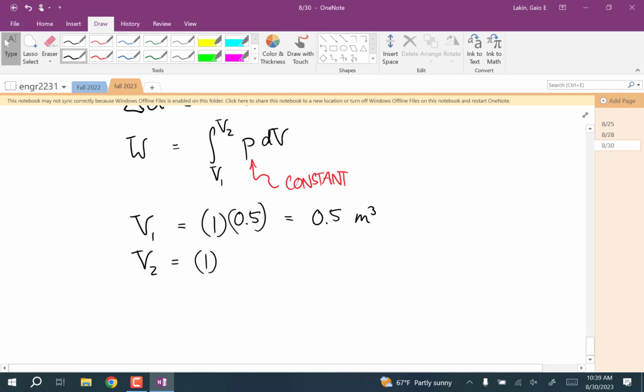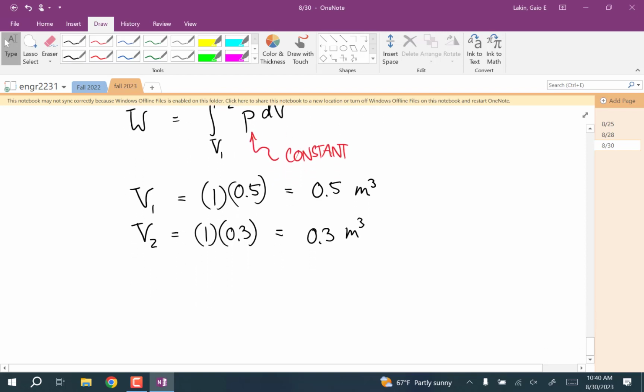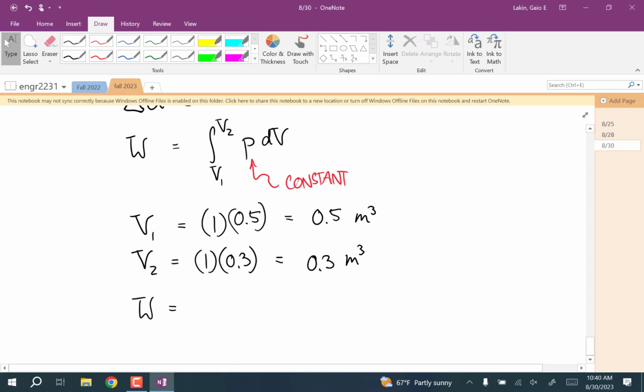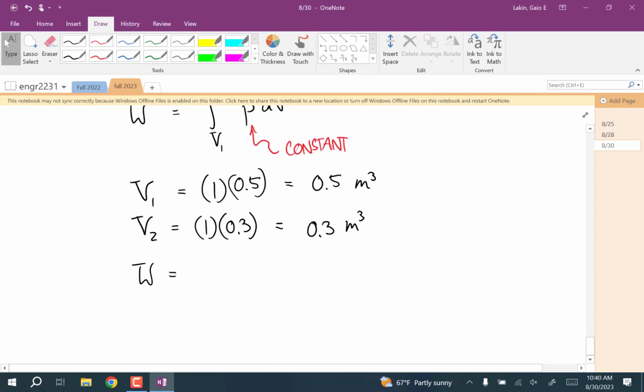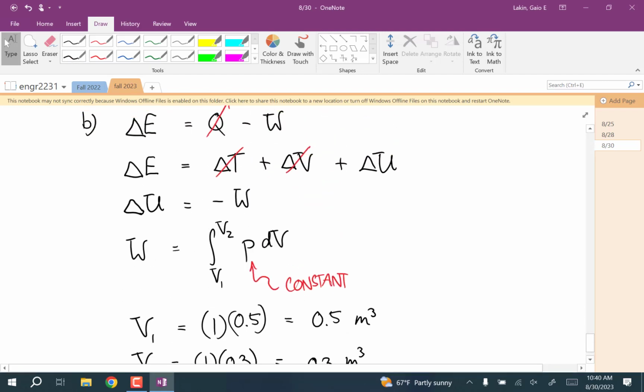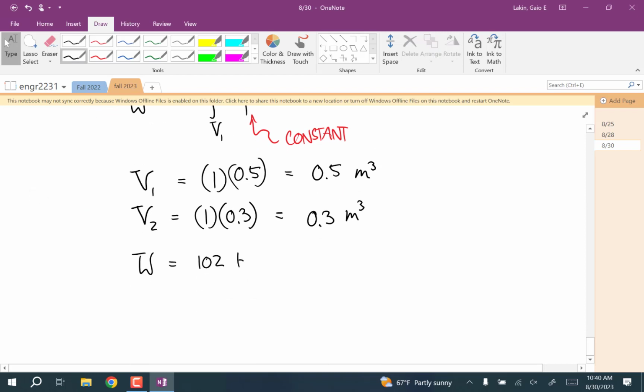V2 is 1 kilogram times 0.3 meters cubed per kilogram, so that gives us 0.3 meters cubed. And so W is equal to the pressure, 102,452.5, which I'm pulling out of the integral, times the integral from 0.5 to 0.3 of dV.